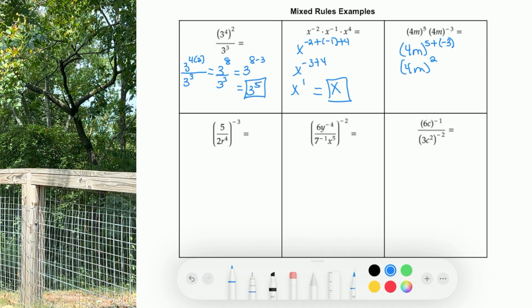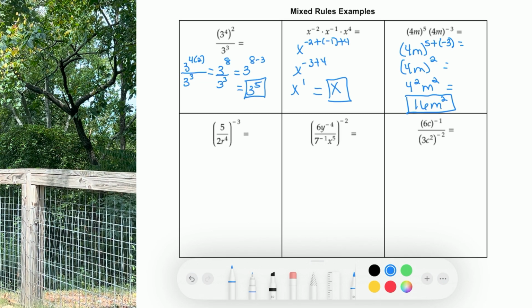Now I can distribute that 2 to everything, and I get 4 to the power of 2, m to the power of 2. 4 to the power of 2 is 16, and then m squared. And we're done with that one. So again, this just emphasizes how important it is first to know your rules, understand what they do, and then to write down your steps so that you can keep track of everything and see how things have changed.